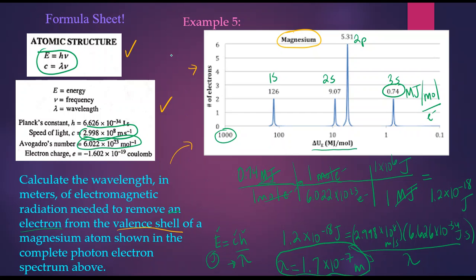So this is an application example, using the formulas, applying it to a photoelectron spectra, and also being able to do the math conversion of the megajoules per mole of electrons into joules, and technically this would be joules per electron, by the way. So this would be the meters for that particular electron.